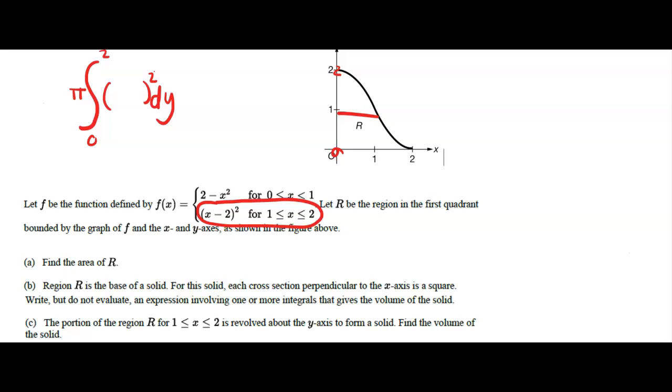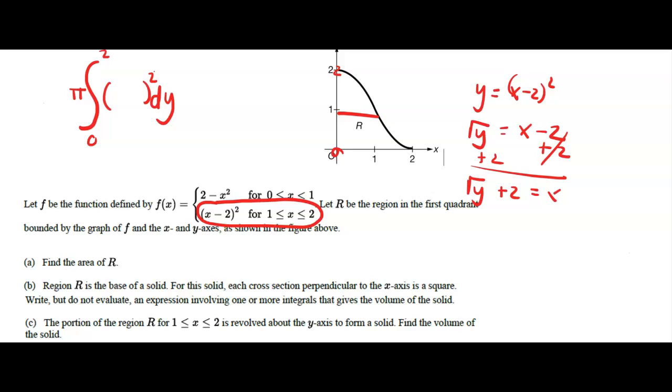So, right now, we have y equals x minus 2 squared. So to get this in terms of the correct variable, we're going to square root both sides. And then we're going to add 2. And that would be my radius. Okay, and from there we're supposed to do this by hand once again.